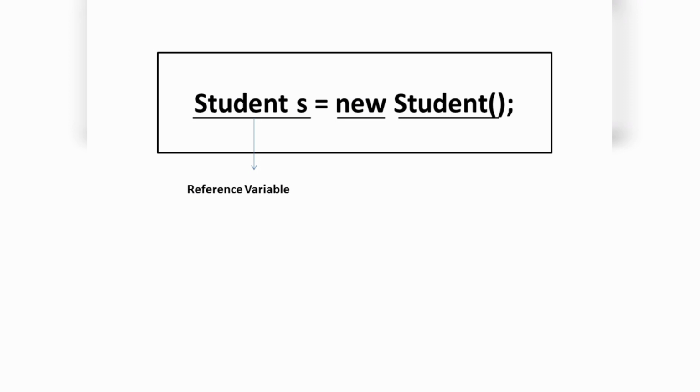Then when we write new, it is one of the ways that we can create objects. Then comes Student with opening and closing braces. This is the constructor of the Student class. In brief, a constructor is a special method which is used to initialize objects.